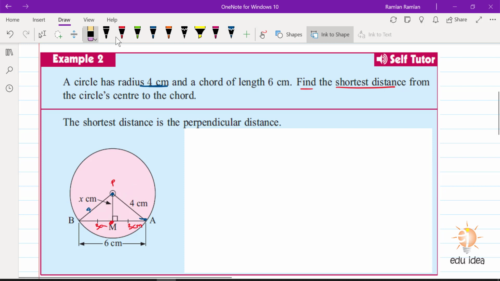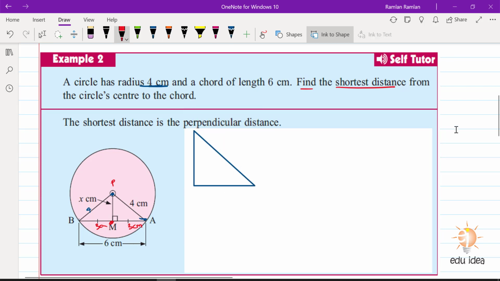Now I'm going to take one of these triangles, this one here. Why am I taking one? Because we're going to use the Pythagoras formula. I'm going to make this a little bit bigger so you can see what really happened.